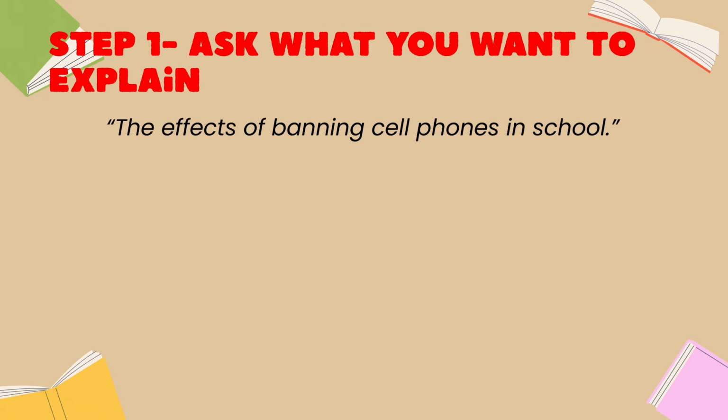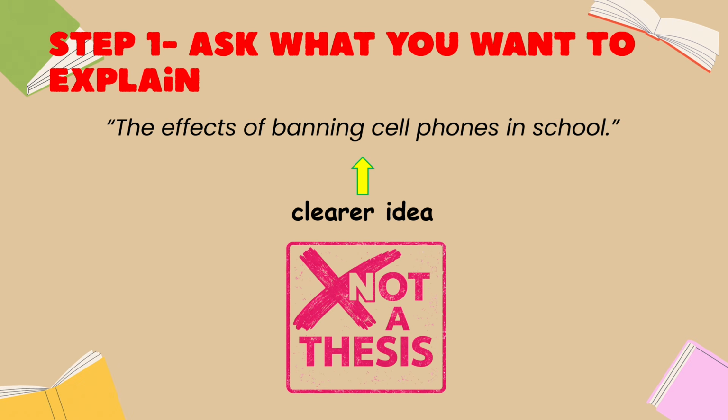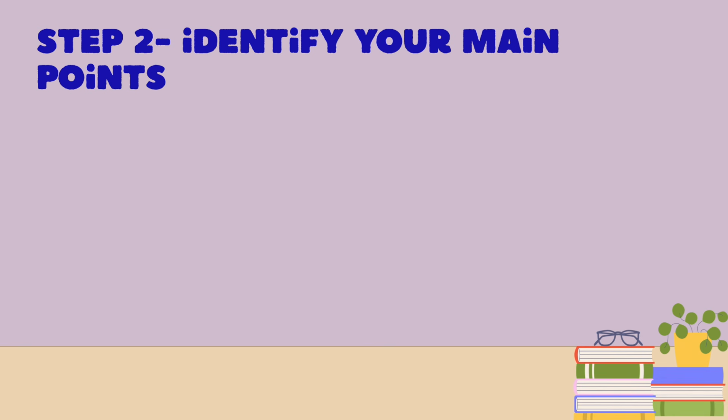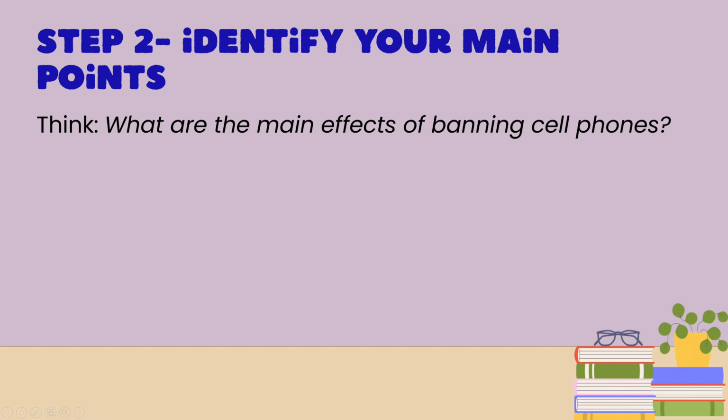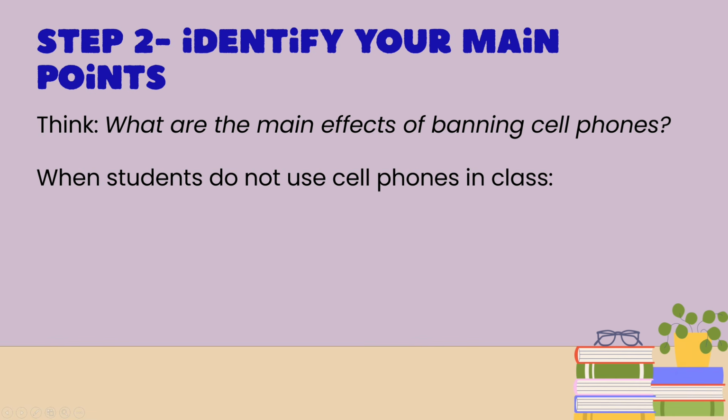Now our idea is becoming clearer, but it is still not a thesis. Step 2, identify your main points. Now think carefully. What are the main effects of banning cell phones? Let us think realistically. When students do not use cell phones in class, they focus more on lessons.